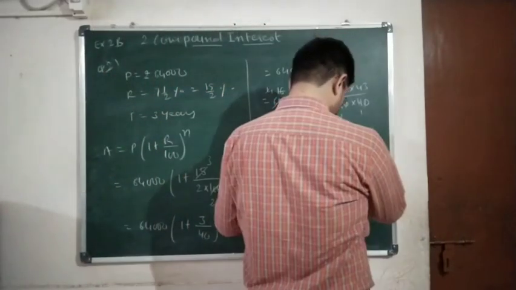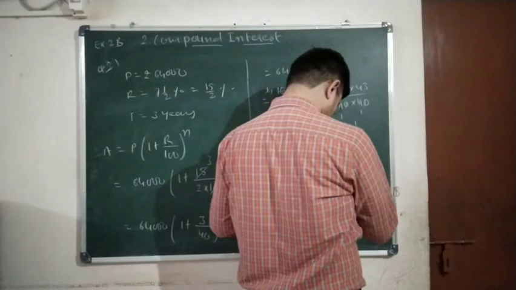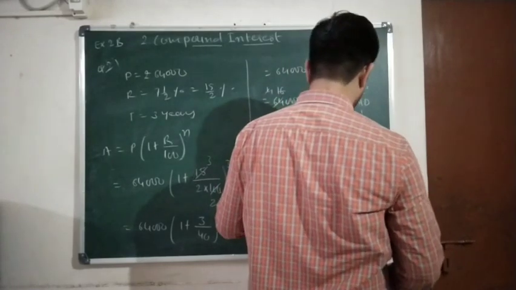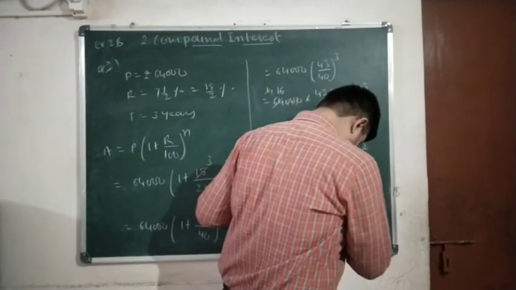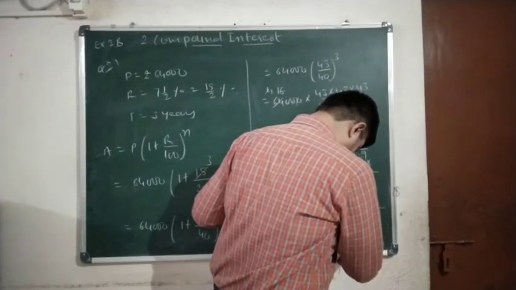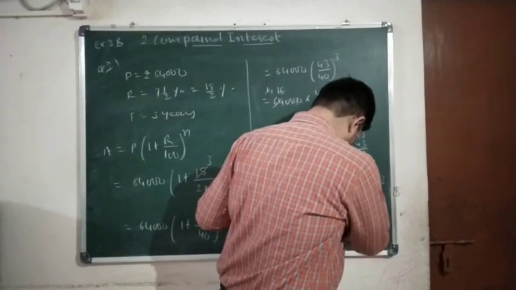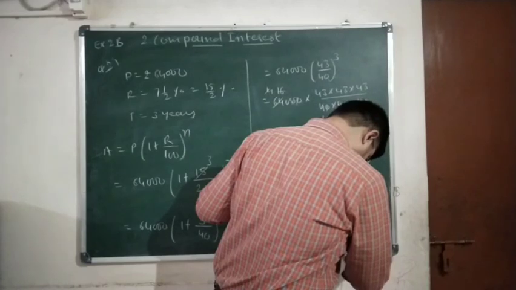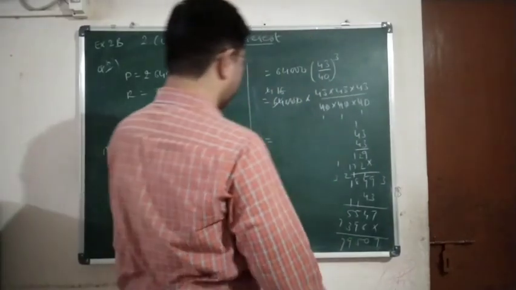Let us multiply. 1849 multiplied by 43 is 79507.